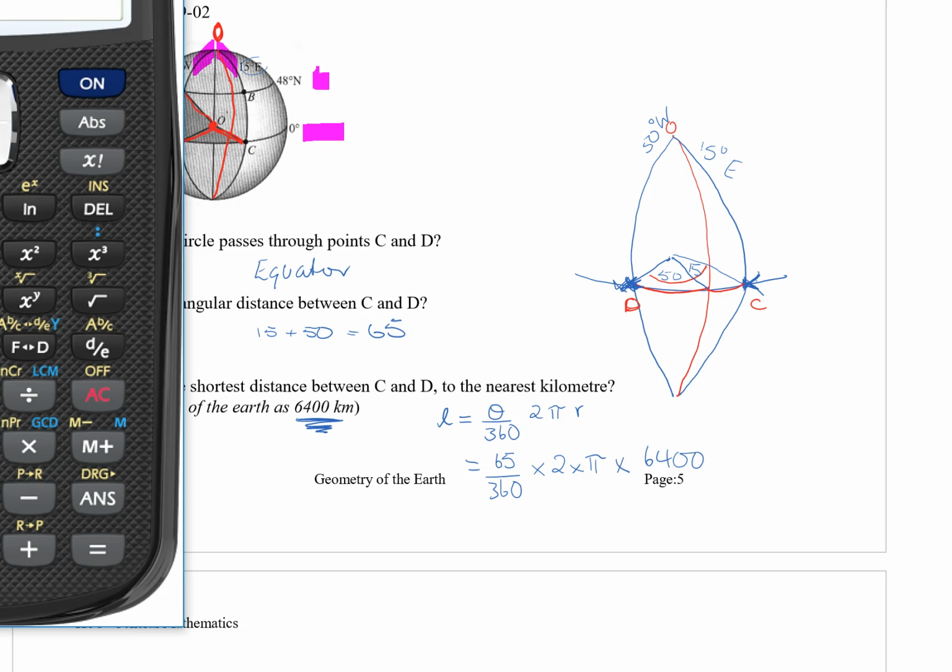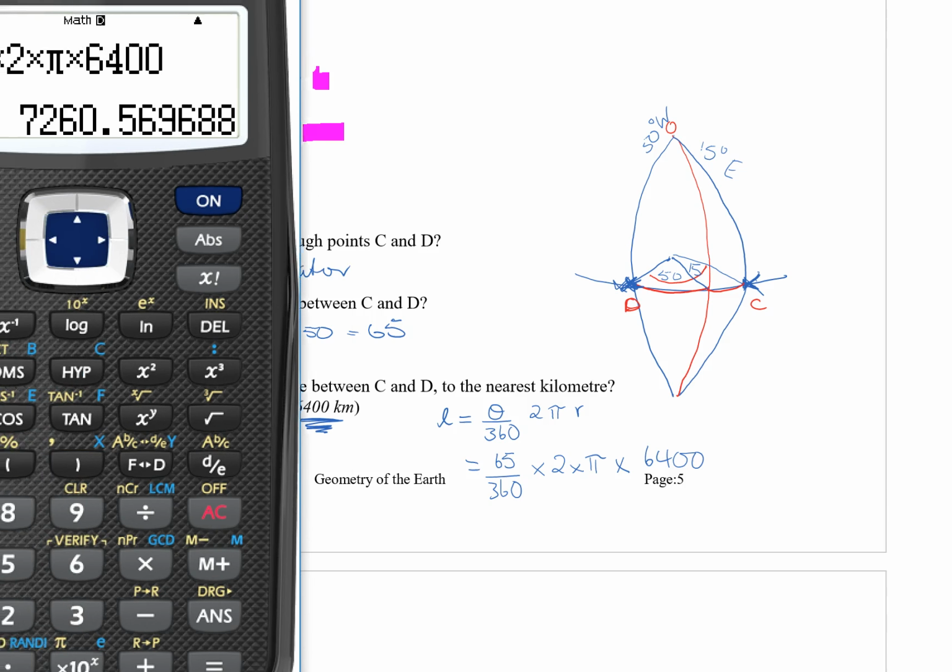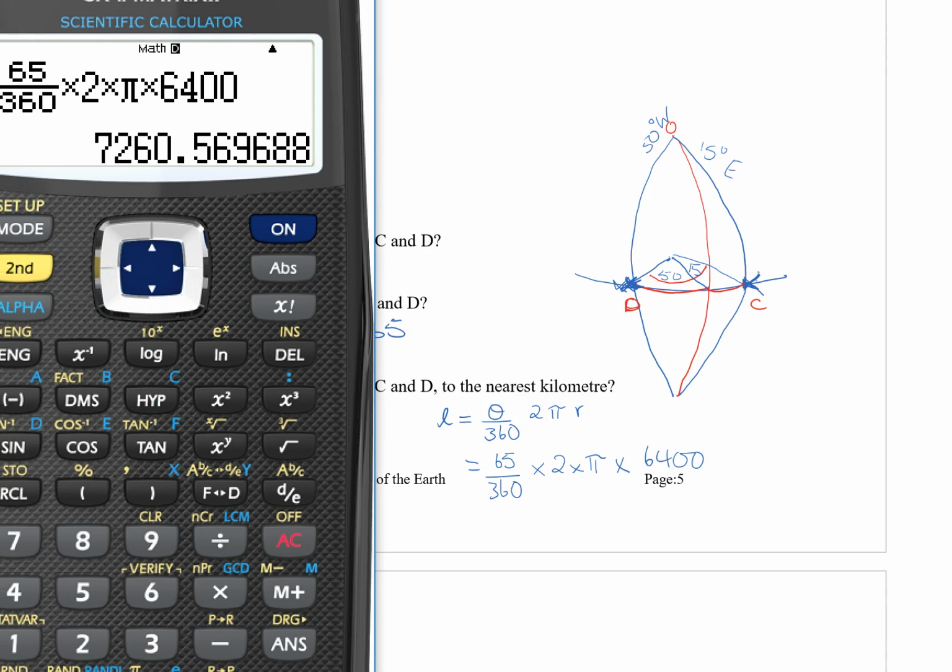Take your fraction button, 65 in your numerator, 360 in your denominator. You can be doing this with me. Times it by 2, times it by pi, and times by 6,400. And there it is. We're getting 7260.